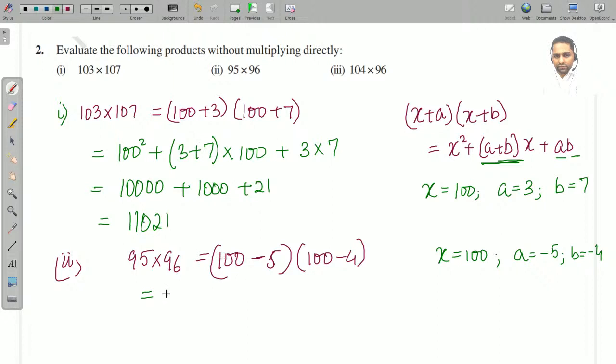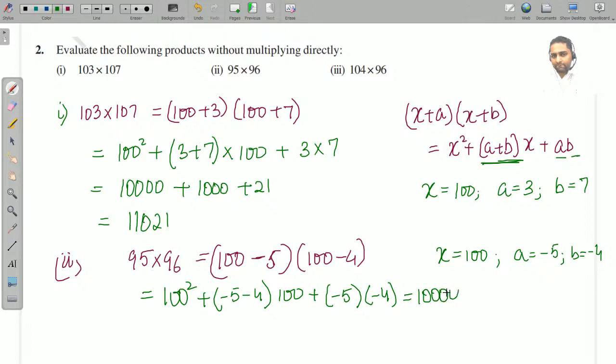So this will become 100 square plus minus 5 minus 4 times 100, plus negative 5 times negative 4. So it comes out to be 10,000 minus 5 minus 4 means negative of 9, negative of 9 times 100 means negative of 900.